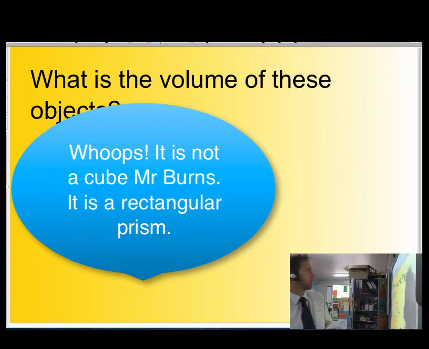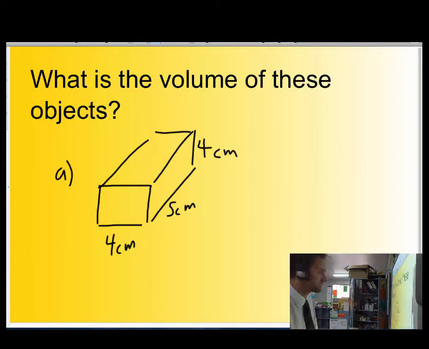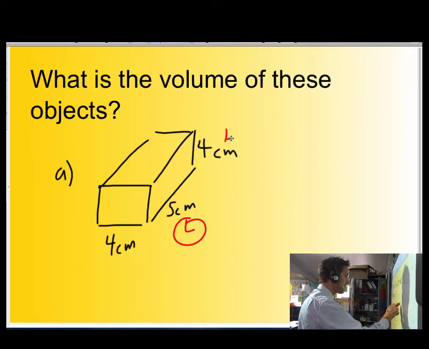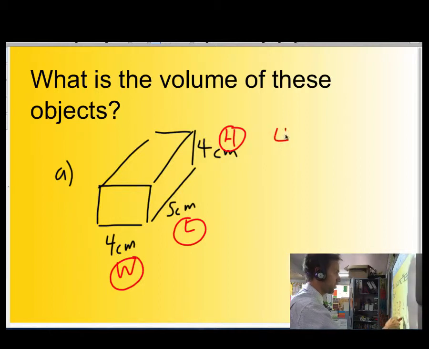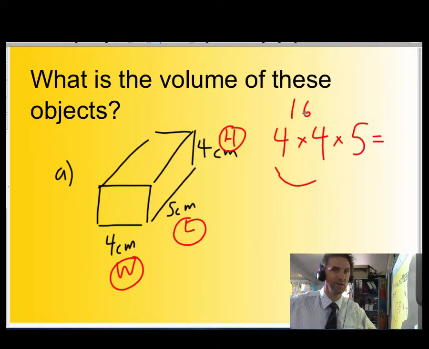Let me show you this one. What is the volume of this object? Well, it's easy, guys. You've just got to times, once again, the length, by the height, by the width. So your sum should be 4 centimeters times another 4 centimeters times another 5 centimeters, which is 4 times 4 is 16. 16 times 5, oh gee, I don't know that off the top of my head.